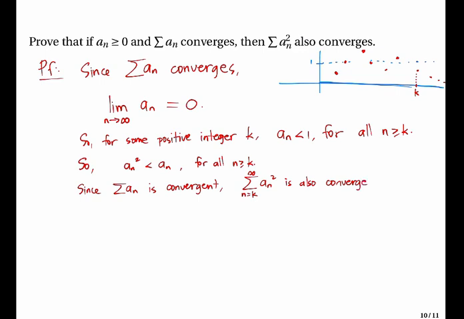And therefore, the entire series will be convergent. So, the series a sub n squared is convergent. Okay? And that's again by comparison test.